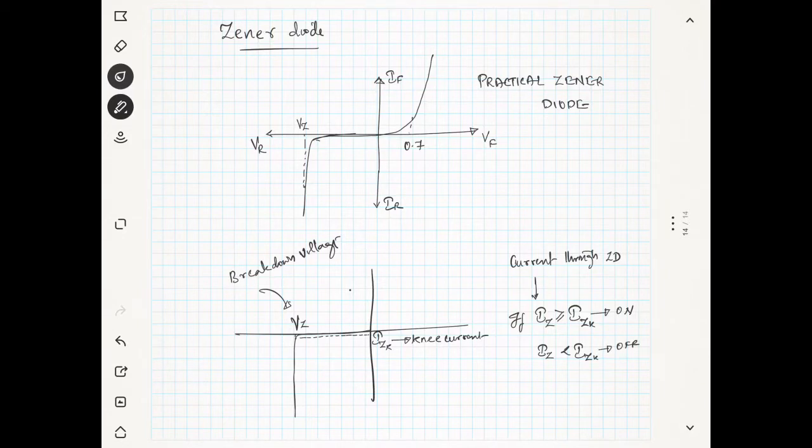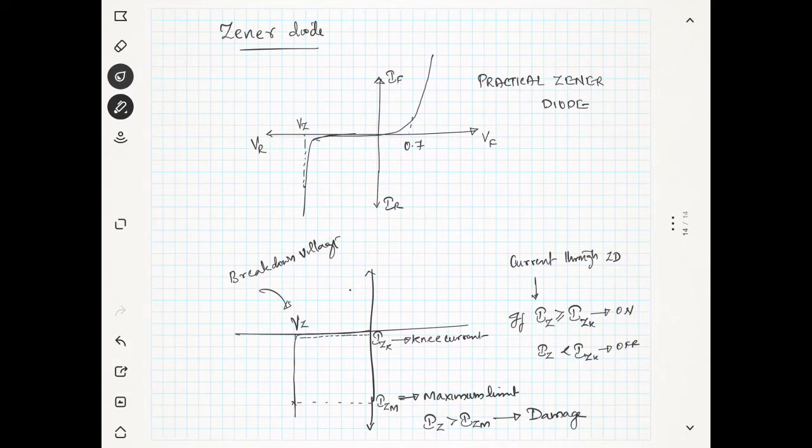Also we have a maximum limit for the current, which is known as Izm. This is the maximum limit for the Zener current. If the current through the Zener diode becomes greater than Izm, the Zener diode will be damaged.